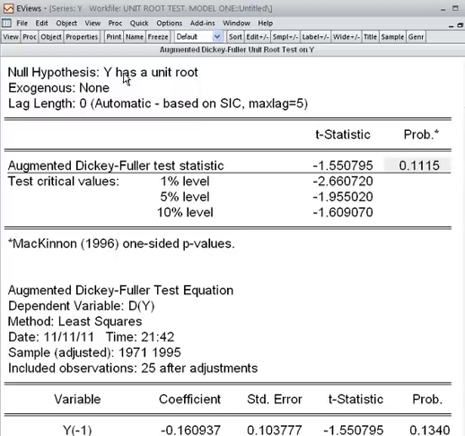That means y has a unit root. And what about here? The absolute value of the test statistic is smaller than this, and smaller than this, meaning that we cannot reject the null. So y has a unit root.